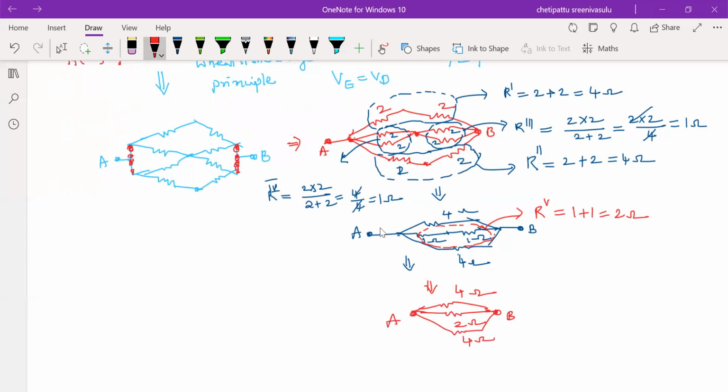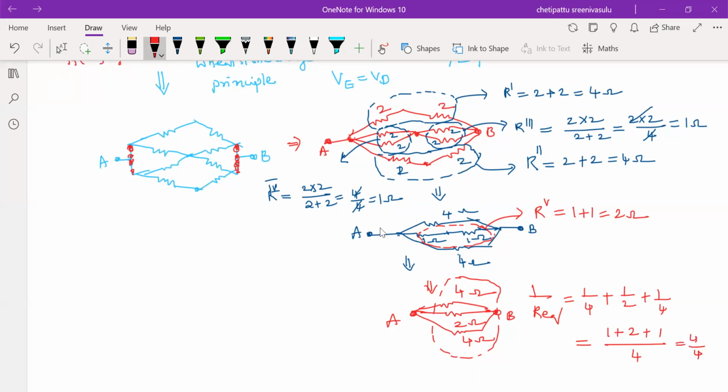Now all are parallel combination. This entire circuit is a parallel combination. So for parallel combination we can write 1 by R equivalent equals 1 by 4 plus 1 by 2 plus 1 by 4. By taking the LCM 4, here 1 plus 2 plus 1 will come.